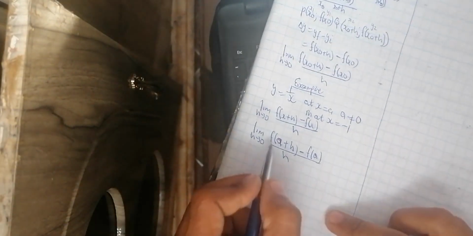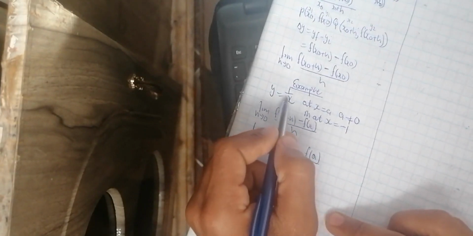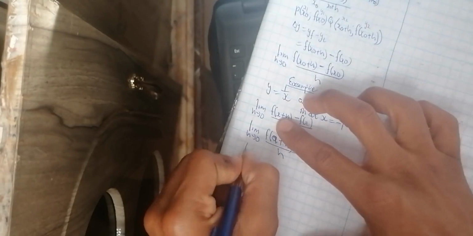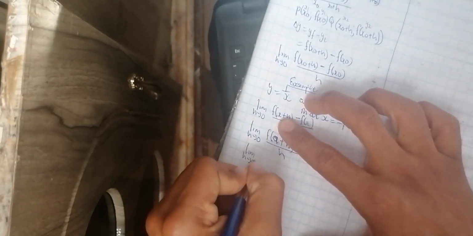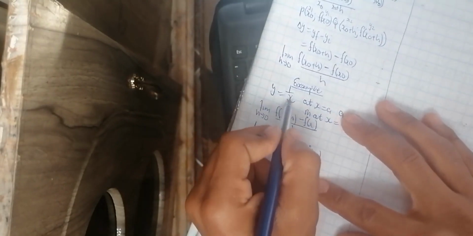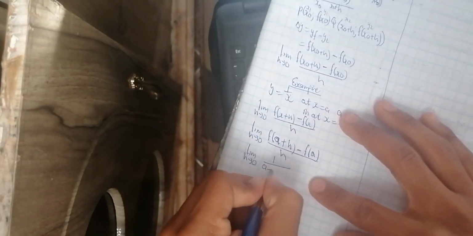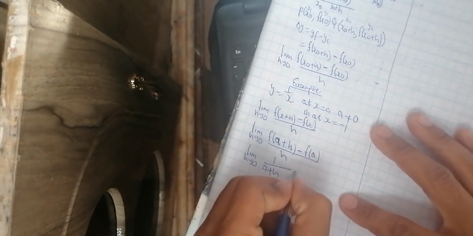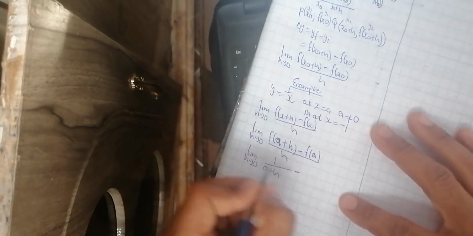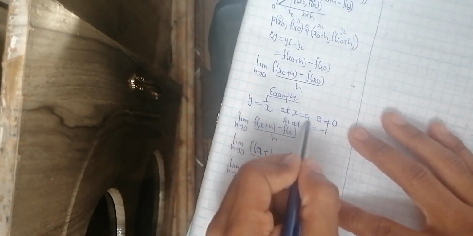Now I'm going to apply this. I'm going to say the limit as h tends to 0 of 1 over, where I see x, remember I'm writing a plus h, minus my function, which will be 1 over a, because remember I was told at x equals a.